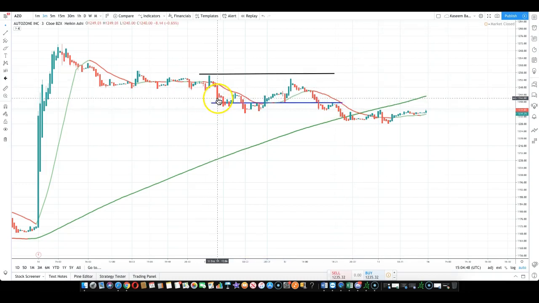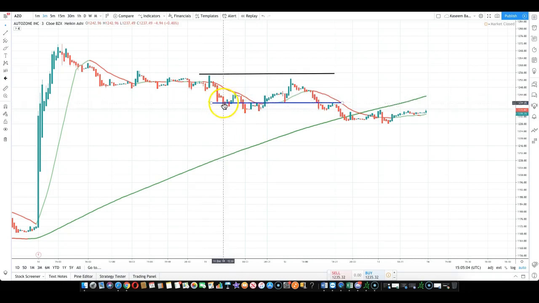At this point, you see price came up, but it couldn't go any higher, so most likely it's gonna keep going down, and then it came down, then it came back up.